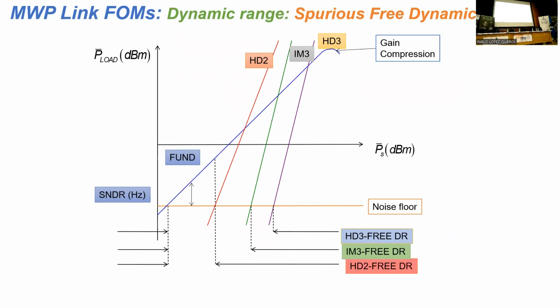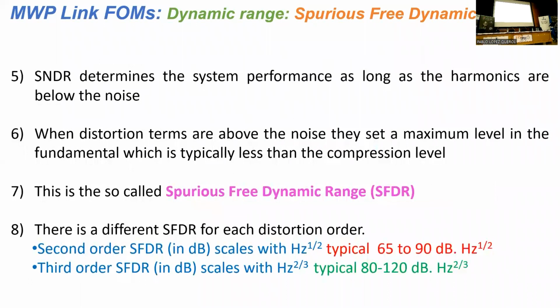Okay, so this is your signal to noise ratio, your available power range that you can use. And usually we call those areas the dynamic range. Okay, and we define them for 1 Hz of bandwidth.